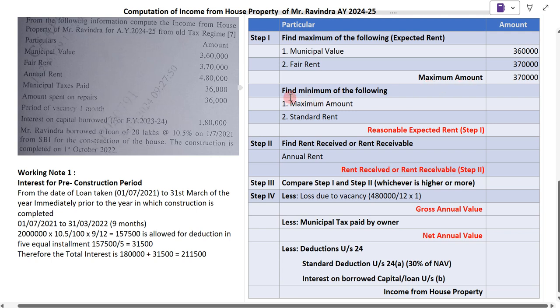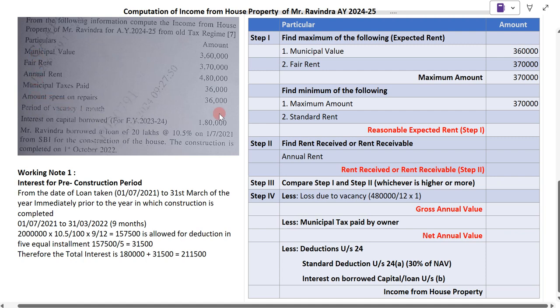The next step in step number 1 is to find the minimum of the following, that is the maximum amount and standard rent. The maximum amount we got is 3,70,000. Now, is there any standard rent given in the question?